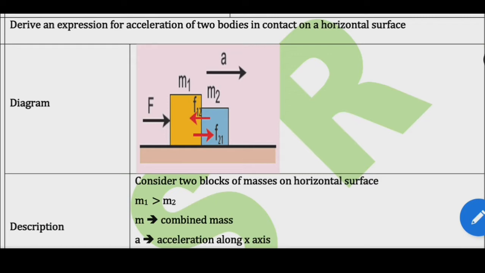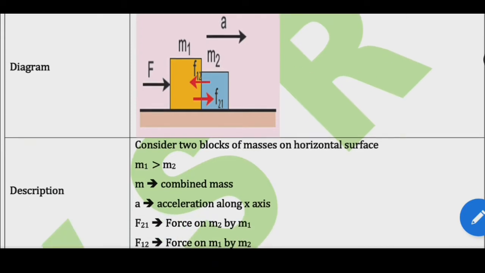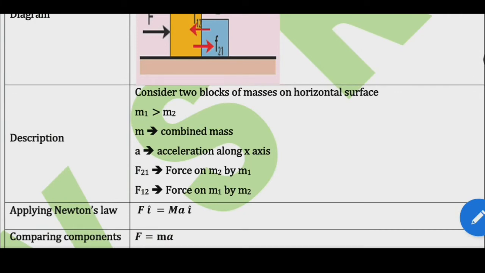M is the combined mass and A is the acceleration along the x-axis. F21 is the force on m2 by m1. F12 is the force on m1 by m2.